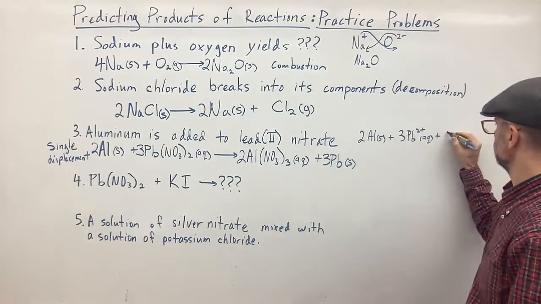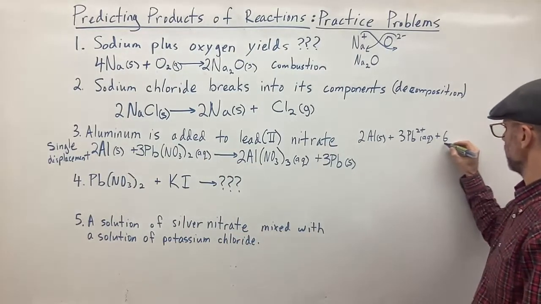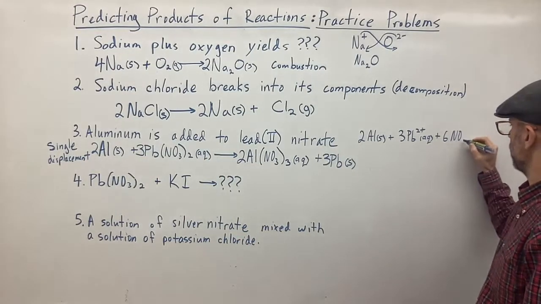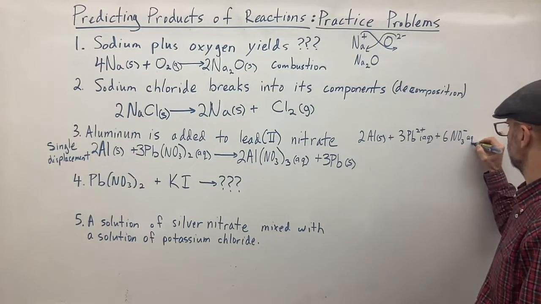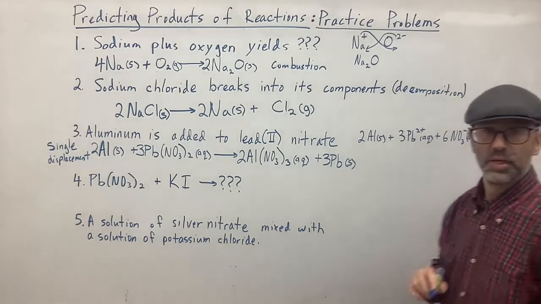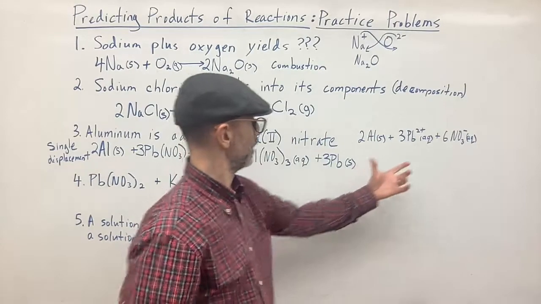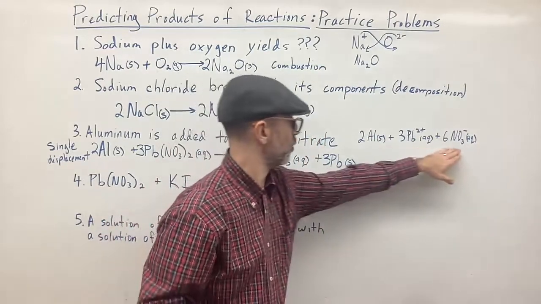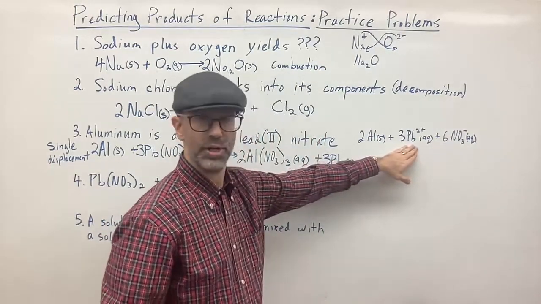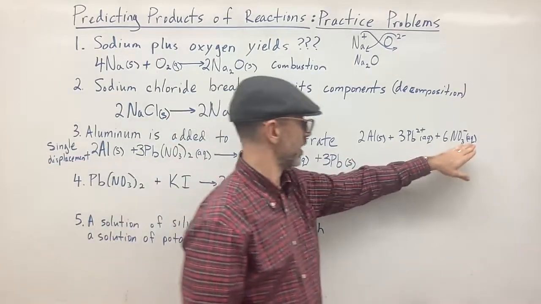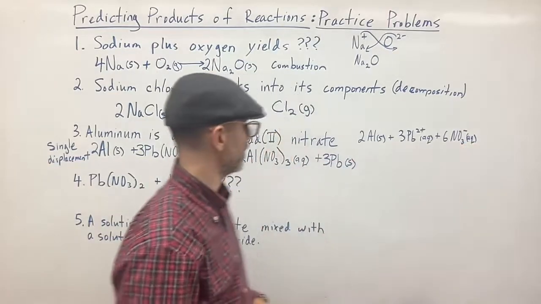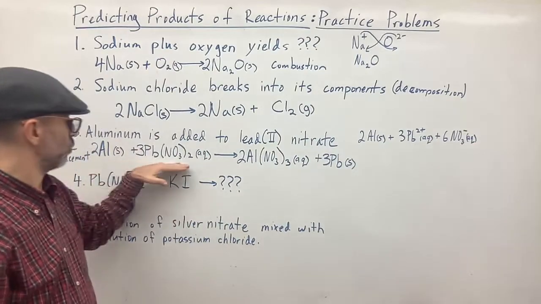So I have 6 NO3 minus aqueous. So these have been split apart. So in solution, I have 3 lead ions and 6 nitrate ions. So those are my reactants.